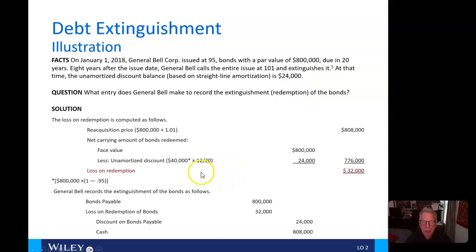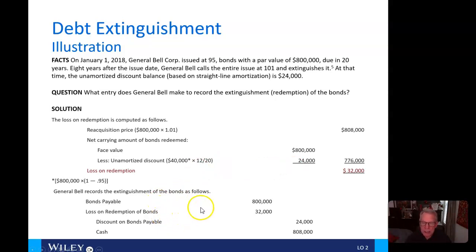If you wanted to calculate it, there are 12 years remaining on this bond at $40,000 a year, so we take 12/20ths of 40,000 and get 24,000. So the carrying amount comes out to $776,000, leaving us a loss on redemption of $32,000.